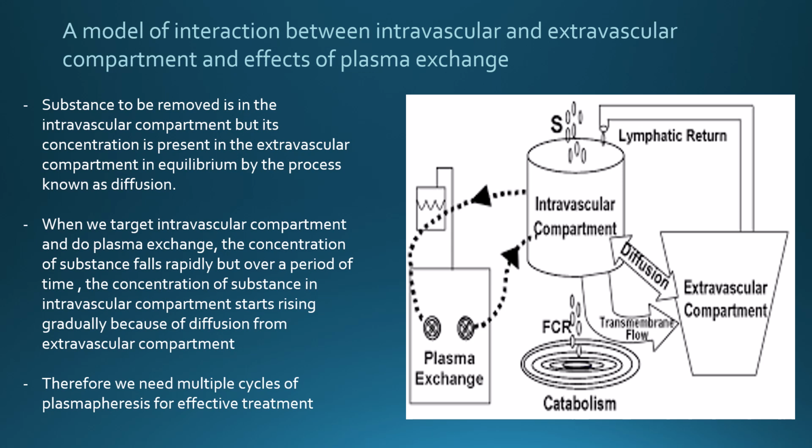So when we target the intravascular compartment and do the plasma exchange, the concentration of that substance falls rapidly in the intravascular space, but over time, because of diffusion from the extravascular compartment, the concentration will rise again. That's why we require multiple cycles of plasmapheresis for effective treatment.